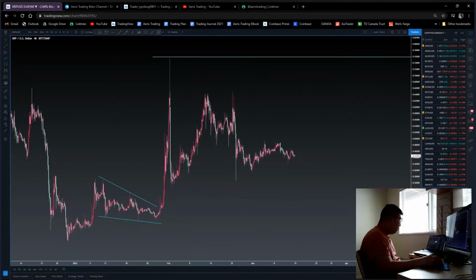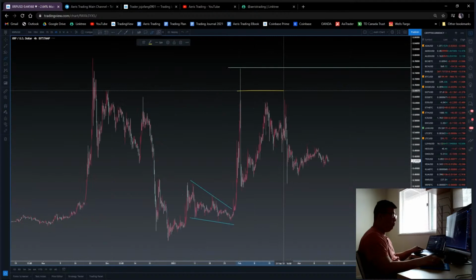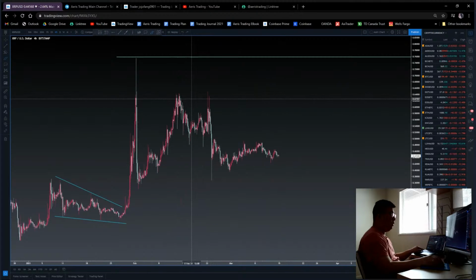Ripple. I'll go over NAS 100 after this. XRP, I don't really see too much on Ripple. I don't like this kind of price action. I'd rather wait for a little bit more development. This doesn't look to me like there's a structure forming here or any kind of correction.